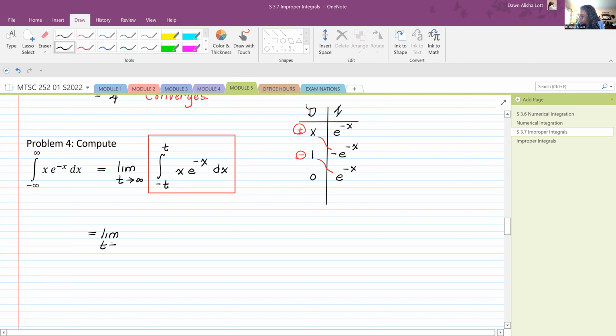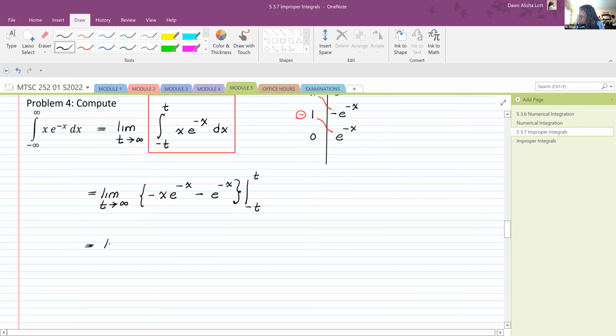So this is the limit as t approaches infinity. Okay, and so therefore, when I integrate this, I'm going to get negative x e to the negative x minus e to the negative x evaluated from negative t to t.